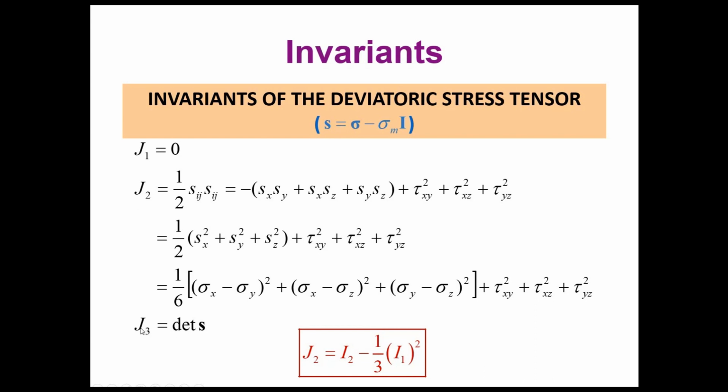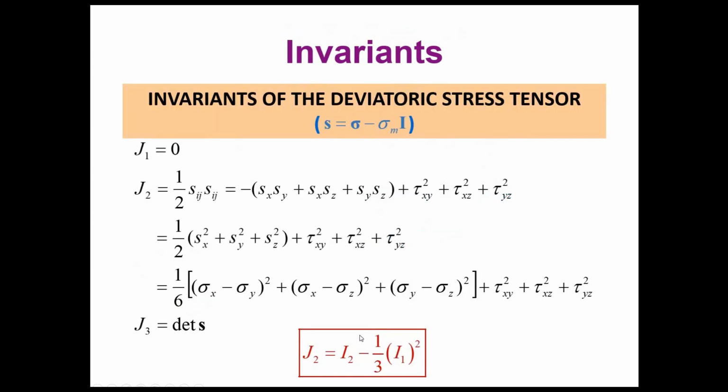And there are other invariants. For example, the determinant of this tensor is a constant as well, independently of the orientation you are considering for this particular deviatoric stress tensor. And this will be useful for us to define some of the plasticity theories we are going to study in a few moments.